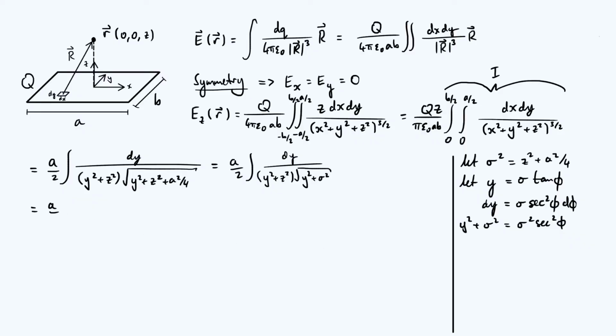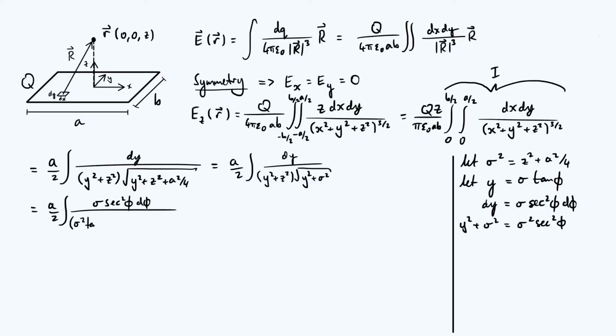So we've got a over 2 integral of, okay, dy over something, or in fact, we don't even want to write it as dy anymore, do we? We want to write it as sigma sec squared phi d phi. So on the top, we've got sigma sec squared of phi d phi. Then on the bottom, you have y squared plus z squared to start with. So just directly sub in our y, which is sigma tan phi.